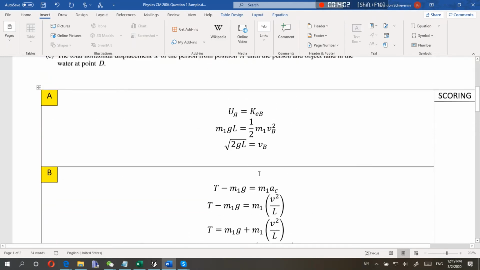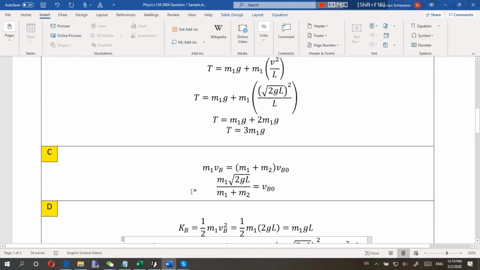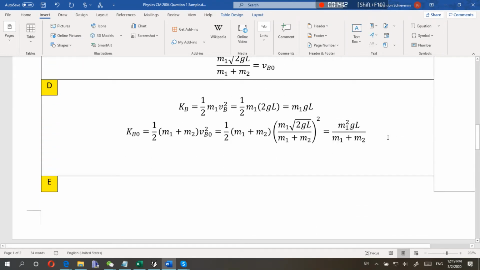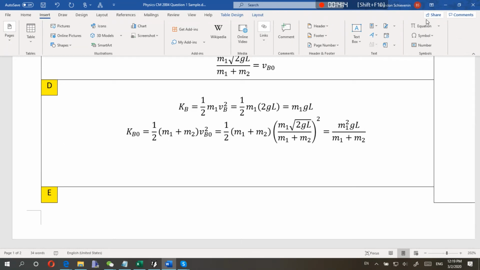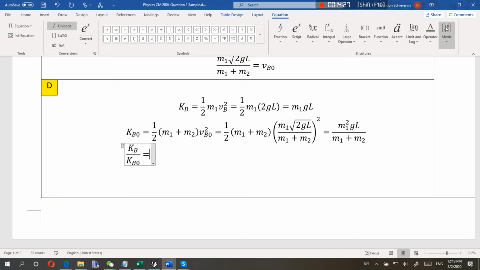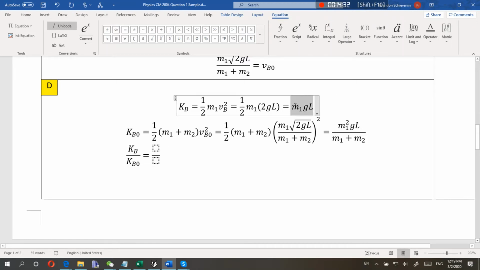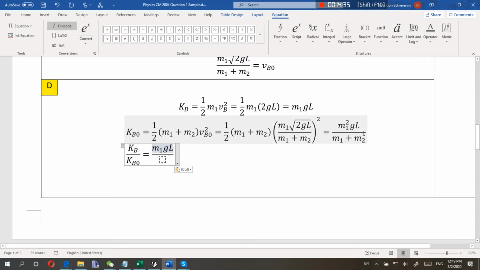And then we were looking for the ratio of which way? Before the collision to energy after collision. So I'm looking for the ratio of KB over KB naught. Okay, so we'll just divide those. KB over KB naught is equal to M1GL over KB naught.